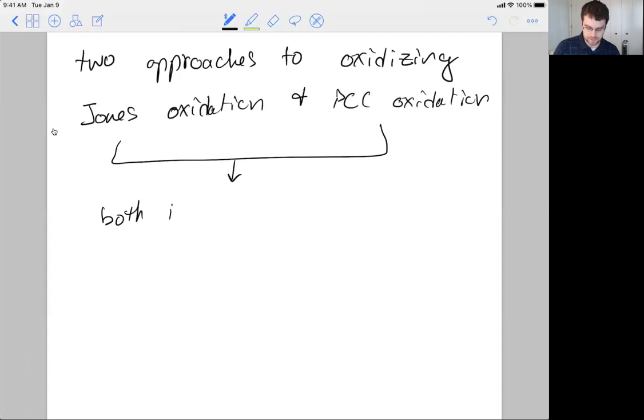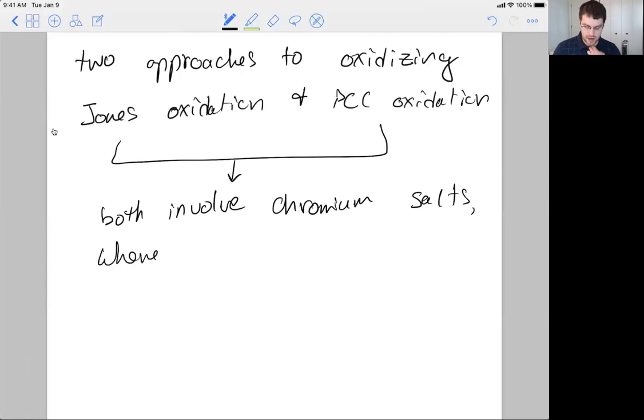Now, these are both problematic because they involve chromium salts where chromium is in a high oxidation state. Chromium is Cr, by the way.